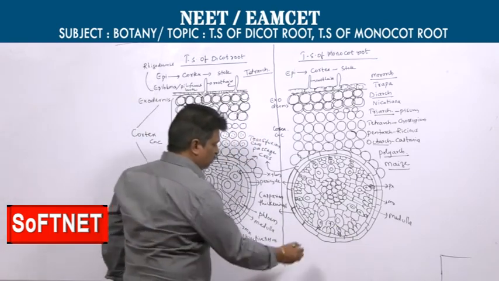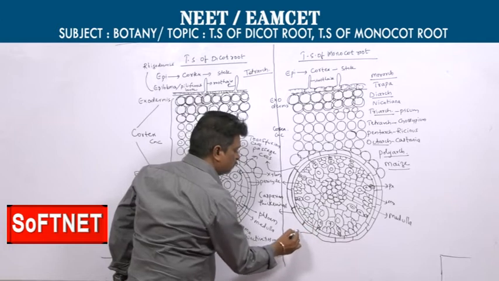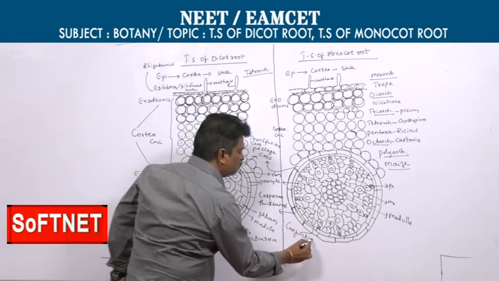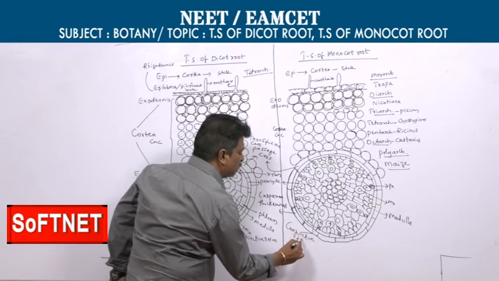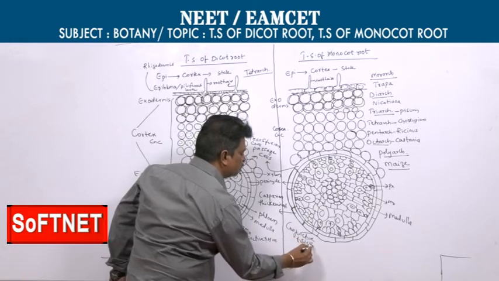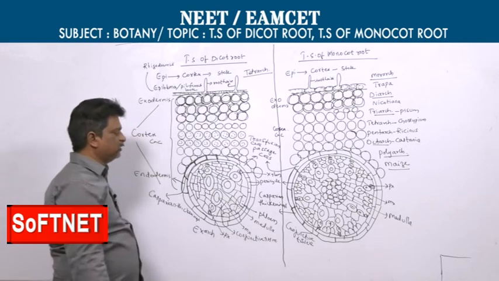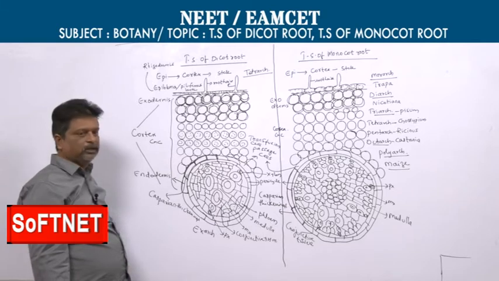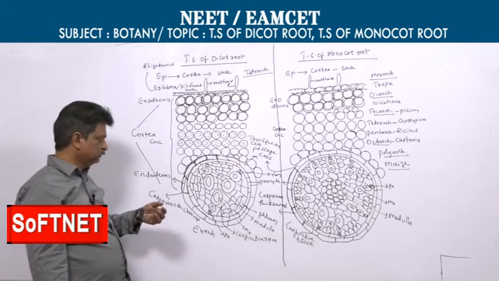In old monocot root, conjunctive tissue is sclerenchymatous, so it provides only mechanical support.